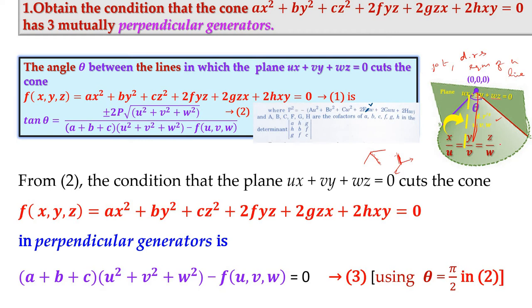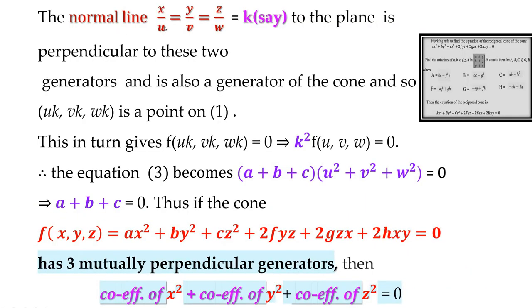So that is the equation of the normal: the line x by u equal to y by v equal to z by w equal to k, say. The normal to the plane is perpendicular to these two generators and is also a generator of the cone, and so this should be a point on the given cone.